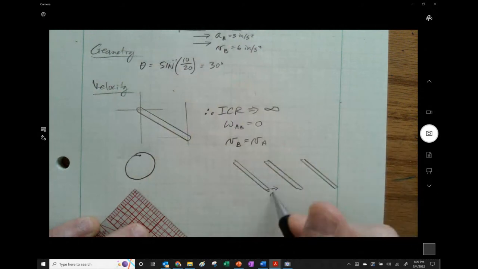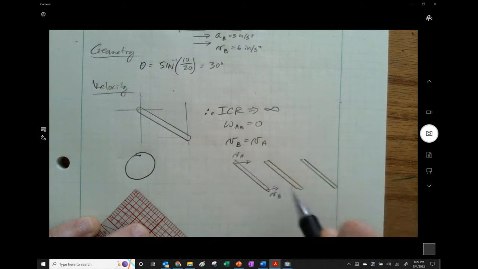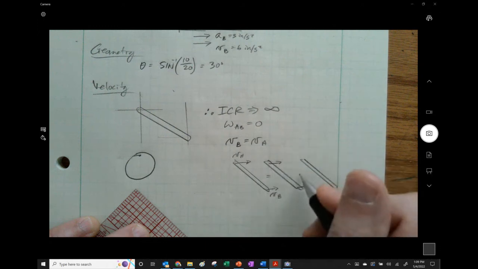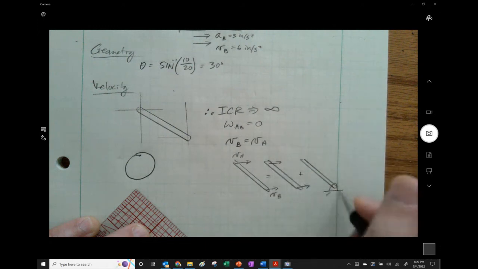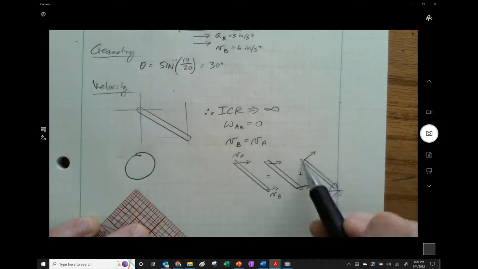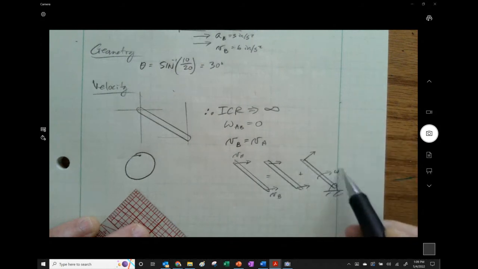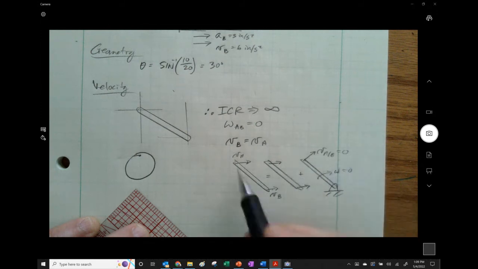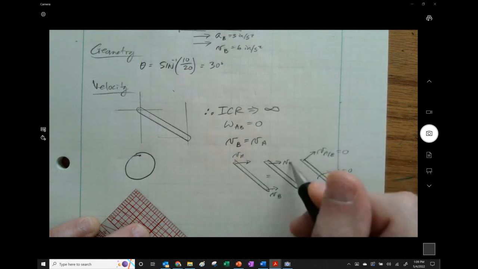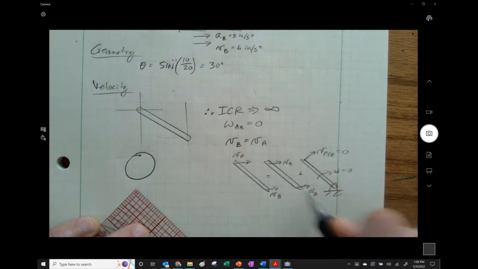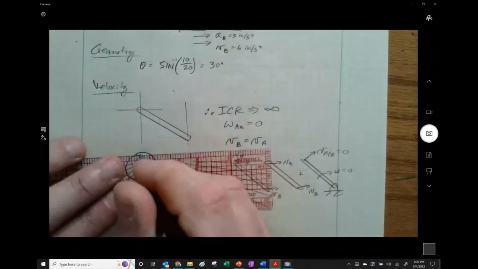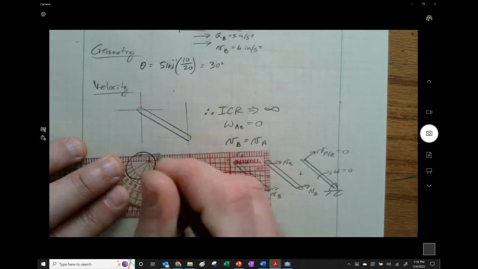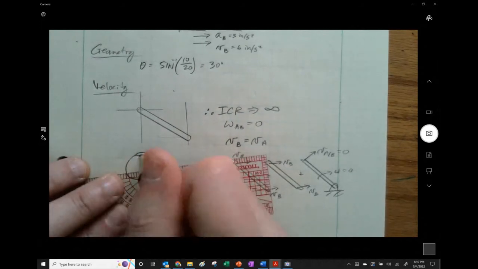Here's the velocity that we know right here, the velocity of B. And we're going to say the velocity of A is right there. Take the known one and apply it to right here. And this omega right here is equal to 0. Therefore, this VA with respect to B is equal to 0. And so therefore they have to equal each other, right? That's the conclusion that you would have to draw. But I think you can believe it. But if you needed to prove it to yourself, you could make that diagram.